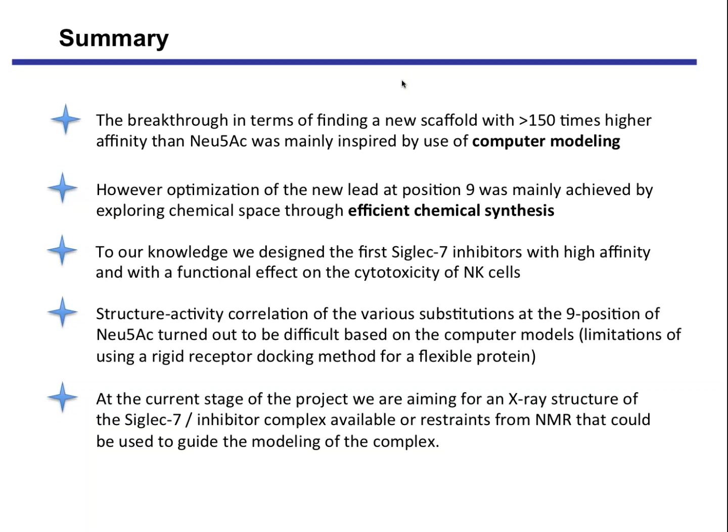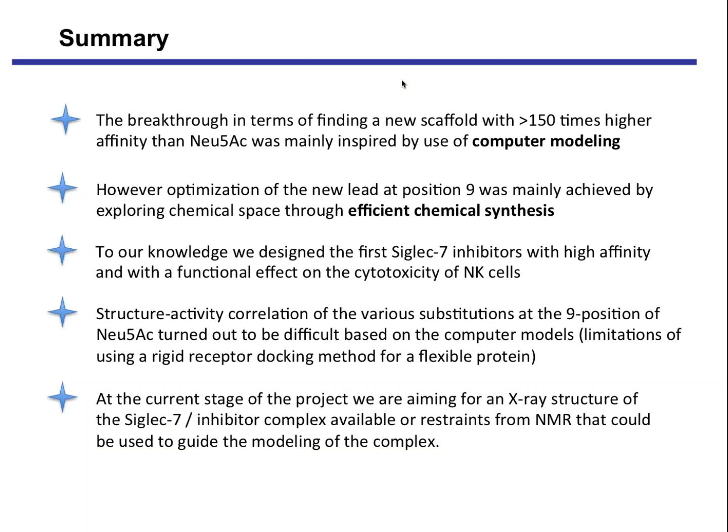So, to our knowledge, this has been the design of the first cyclic inhibitor with a high affinity and a functional effect on cytotoxicity of NK cells. Very exciting for us as computational chemists, of course, that computational chemistry could contribute significantly at the beginning, but then efficient chemical synthesis was really equally important to go to the last bit of high affinity exploration.